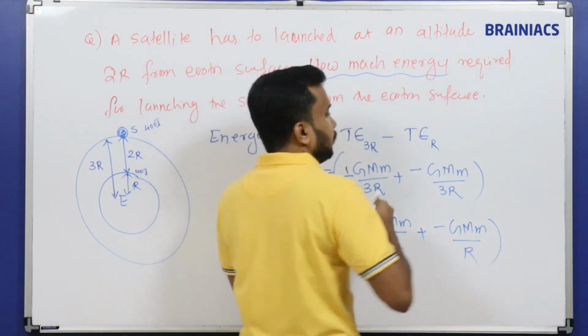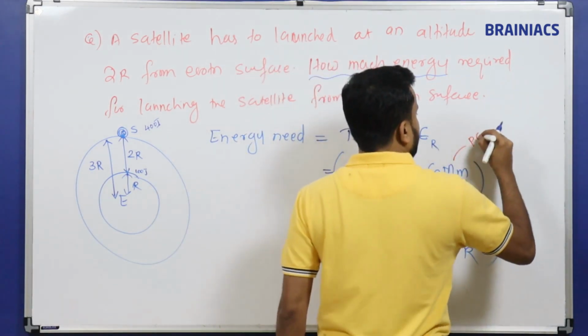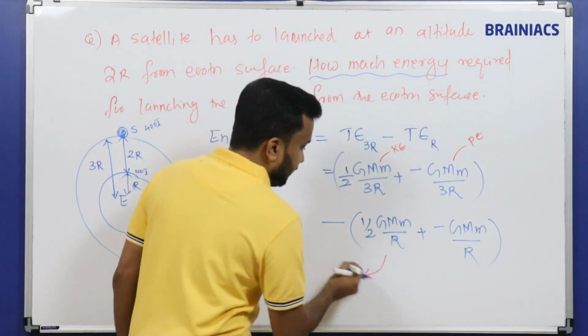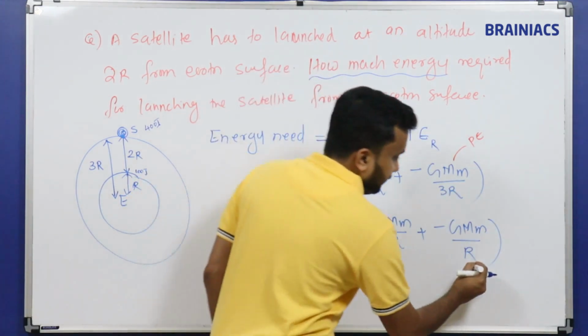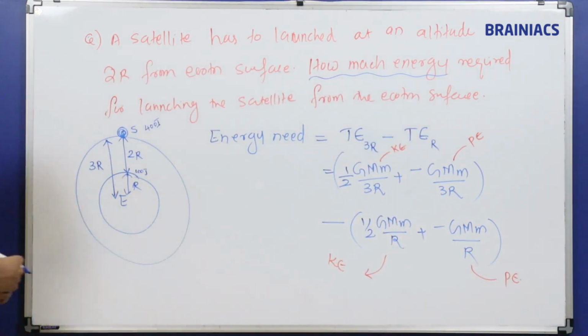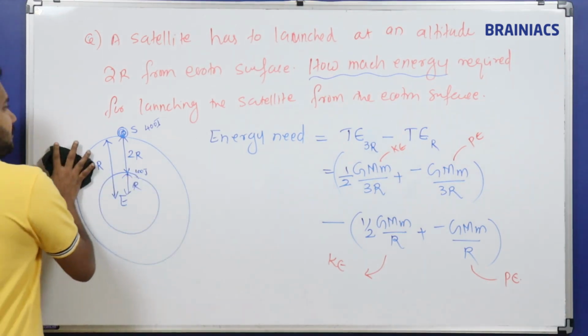This is what energy? Potential energy. This is kinetic energy. This is kinetic energy. This is potential energy as well. So we have to take the difference. This is what we need to do, so that our answers are available.